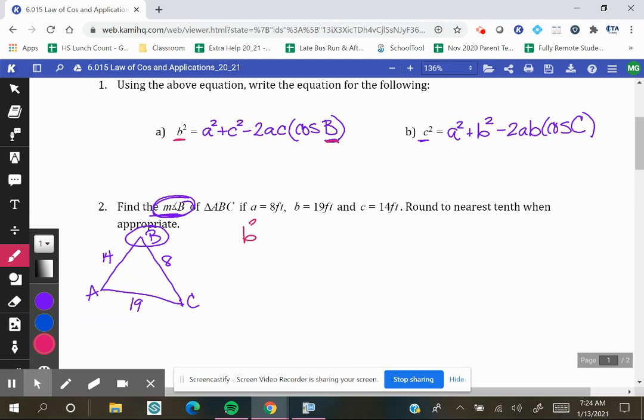So I'm going to use B squared equals A squared plus C squared minus 2 times AC times the cosine of angle B. And now I'm just going to substitute in.